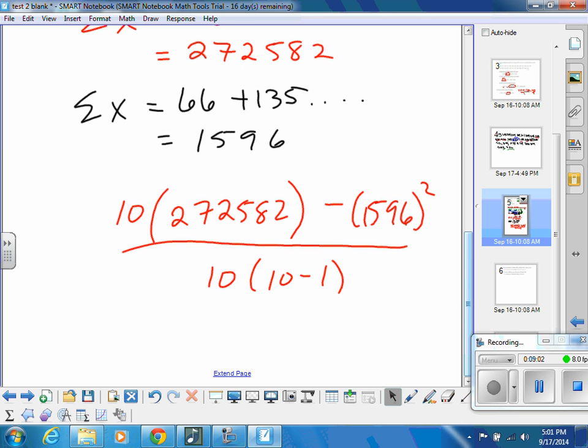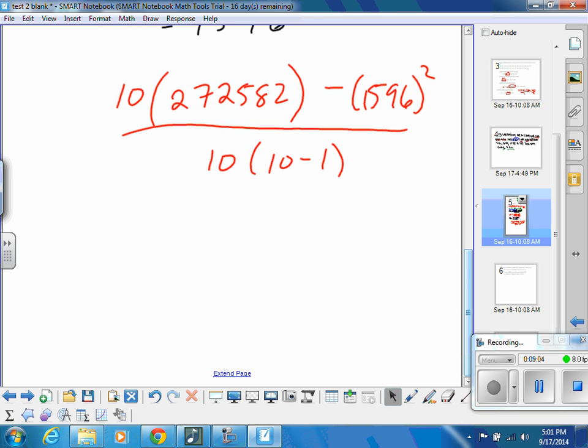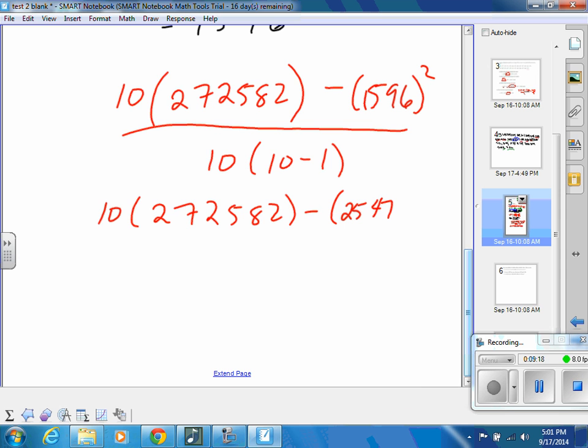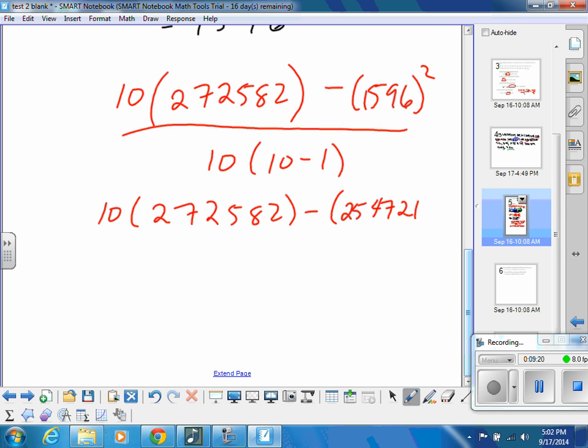So if I work this out step by step, 10 times the big number, minus, and I square this, and I get a pretty big number now, okay? It's still smaller than the other one. All over 90, because that becomes 9.